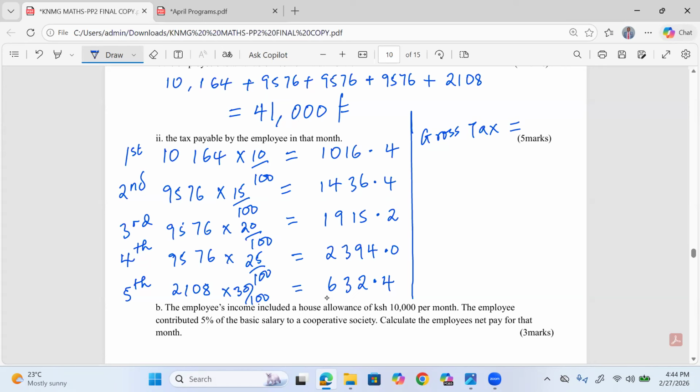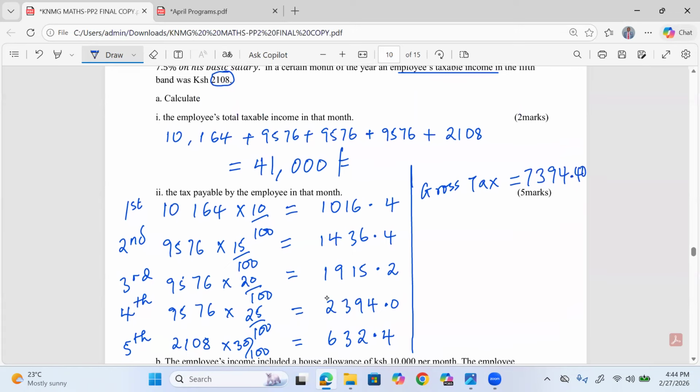So we are getting a gross tax of 7394.40. That is the gross tax.